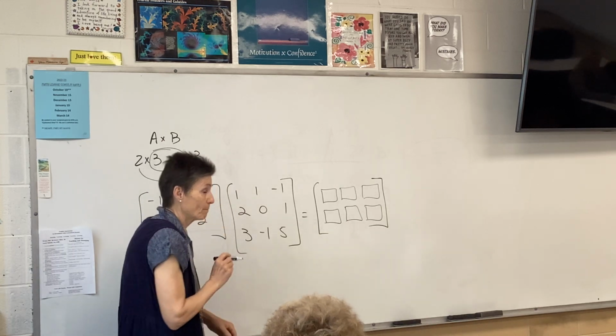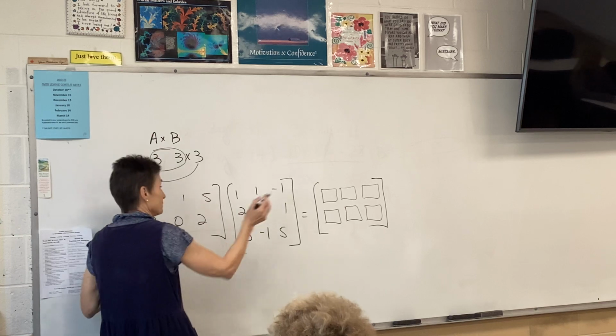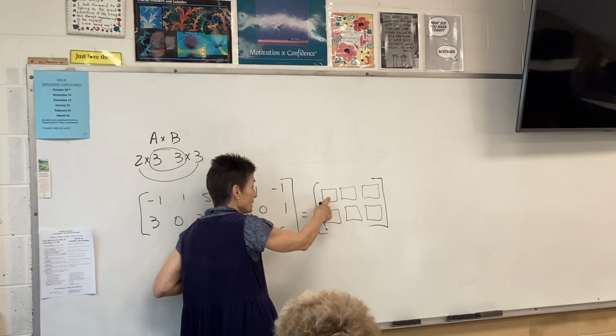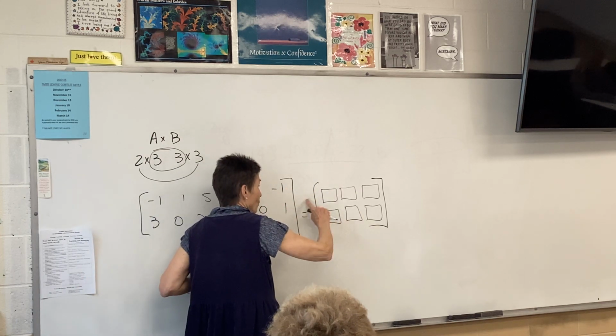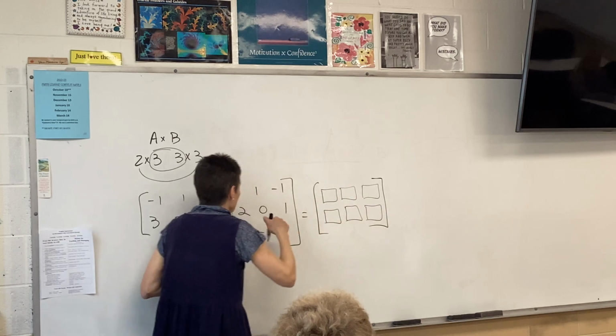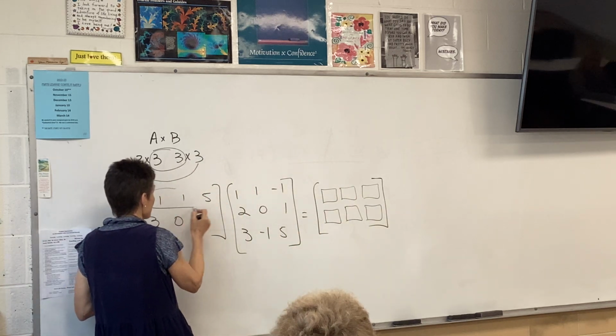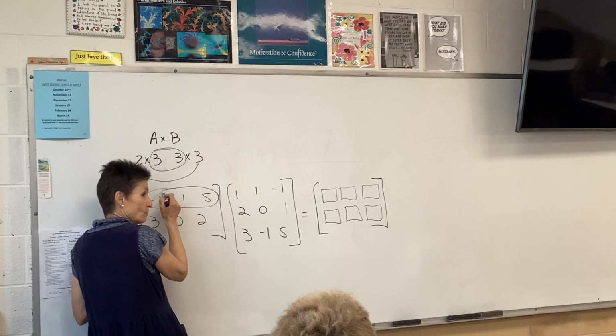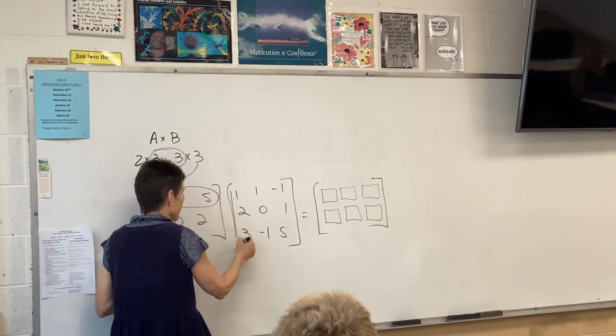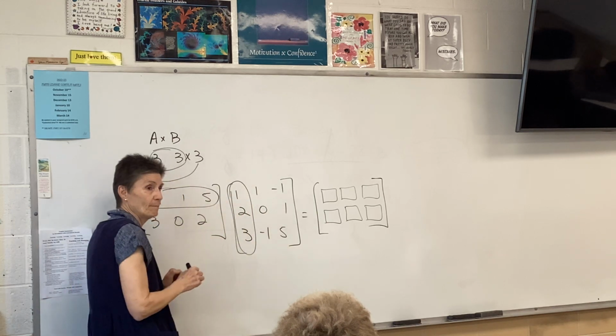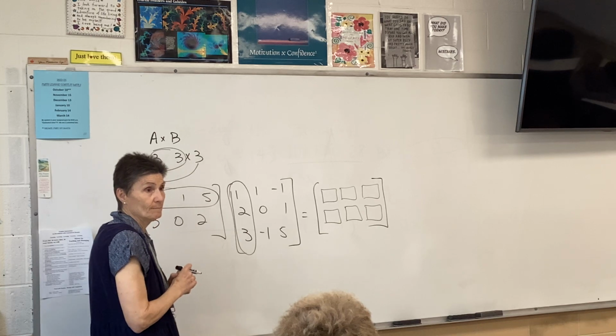To get the numbers, let's just say this one right here. That is in row 1, column 1. So I'm gonna take the numbers in my first row and I'm gonna multiply them by the numbers in my first column.